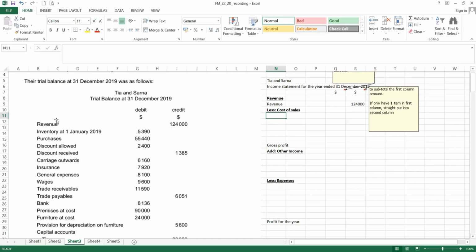Okay, cost of sales, inventory at the beginning of the year, inventory at 1st January 2019. So put it into the first column first. Okay, next see what else. Here there is purchases. In the exam, one way to avoid double taking or missing out is, after you put in the amount, use your pen or pencil beside the question to put a tick.